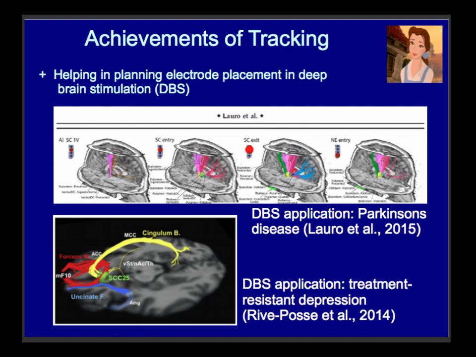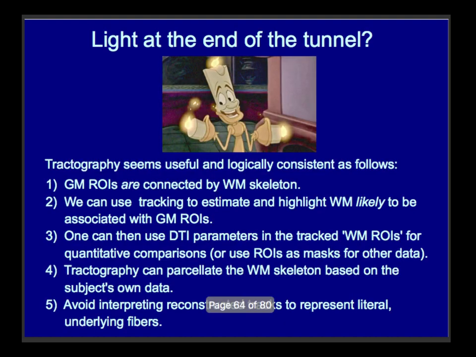This has been done here at NIH for applications to treating Parkinson's disease, since electrical stimulation has been found to help that, and also for treatment-resistant depression. This is from a group at Emory University. Basically they use tracking to find a set of paths, and then they aim for this region through the intersection. So this tracking gives a lot more information than just the structural anatomical image by itself.